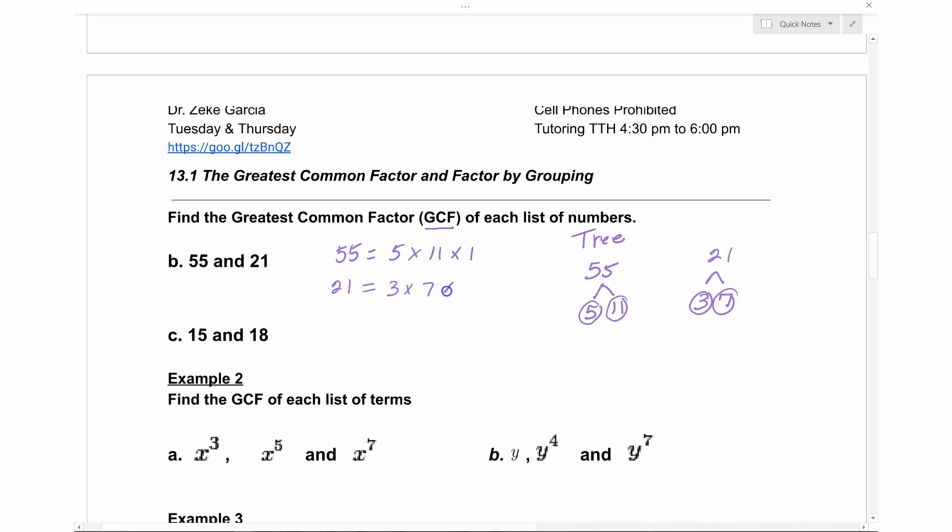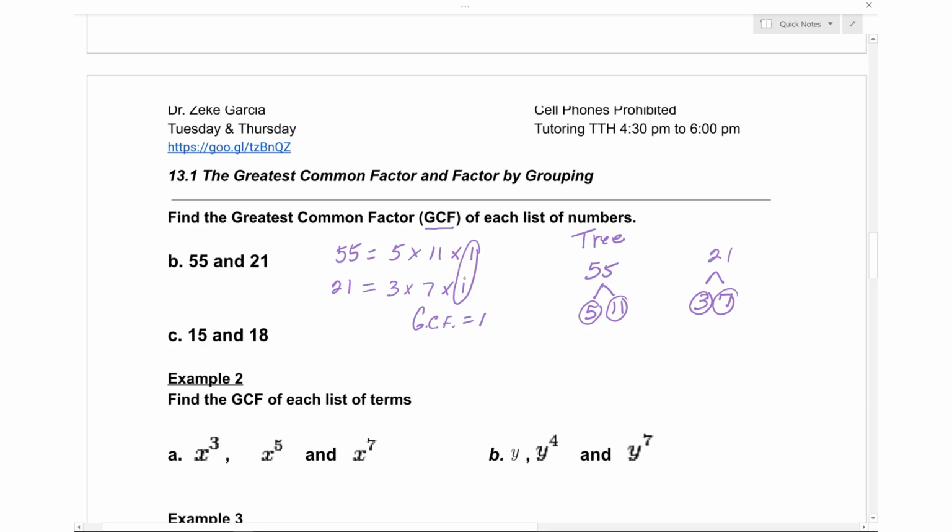So the GCF will be 1. Two numbers like this will always have a GCF of 1. Since they didn't have anything in common, 1 is the only number that they have in common.